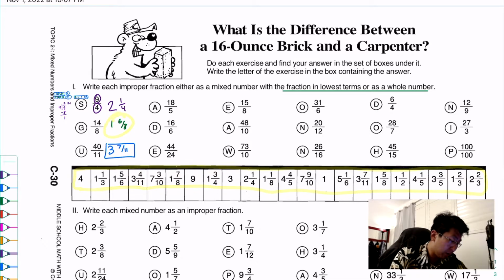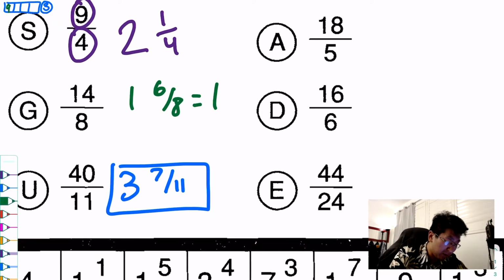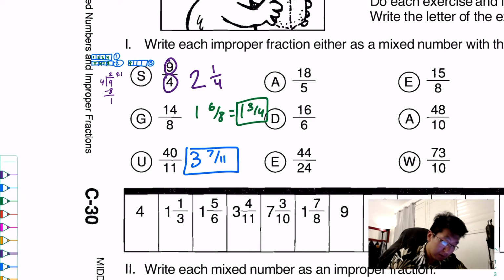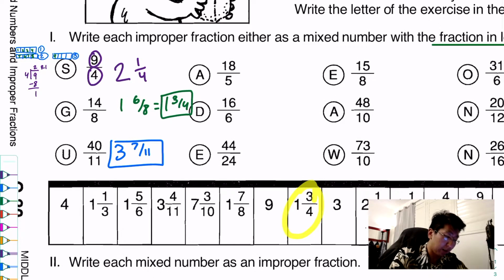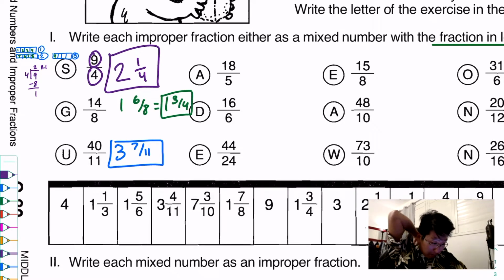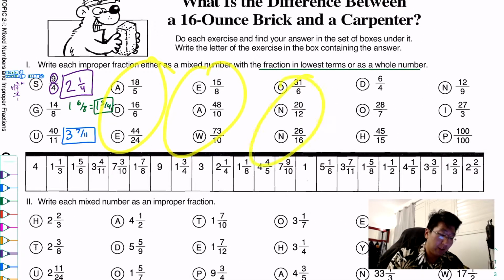So I'm pretty sure I want you to reduce. And so this equals 1 and 3/4. So I'm sure that's in here now. 1 and 3/4 is right here. So please reduce your fractions. And so you have plenty to practice with here.